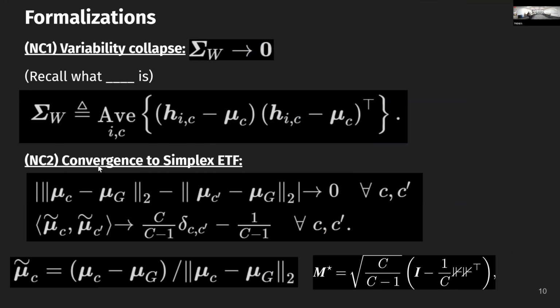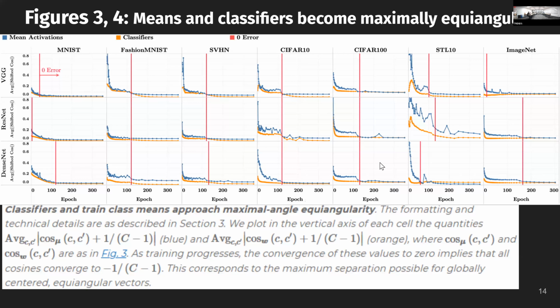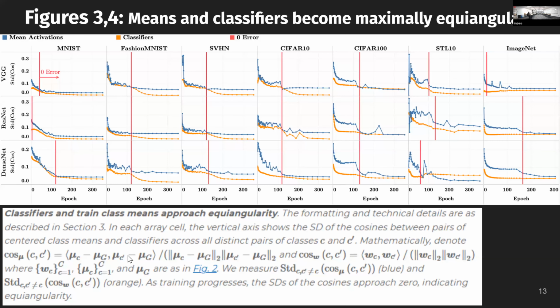Yeah, so this is figure 3. Here, we're looking at the cosine of the distance between class means for two different classes, normalized.